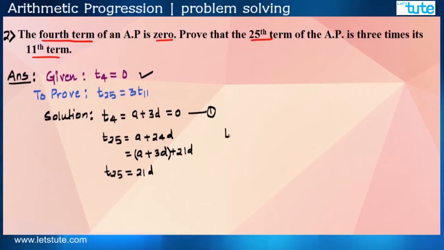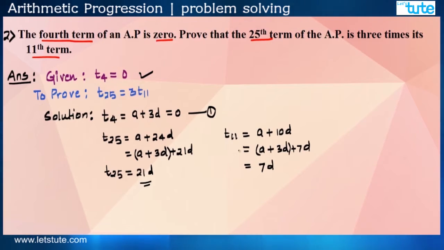Similarly, on the other hand, if we do it for T11, we can write a plus 10d, and then a plus 3d plus 7d. Very simple. Now again a plus 3d is 0. So T11 is 7d. We have to prove that this T25 is 3 times T11.